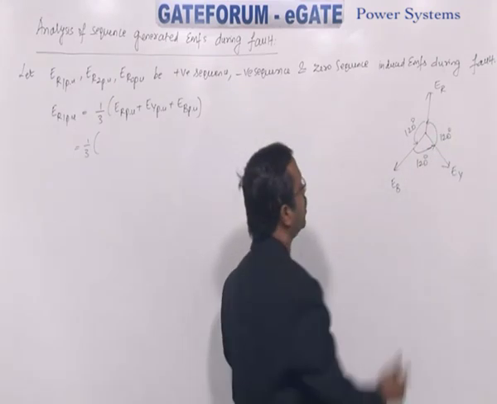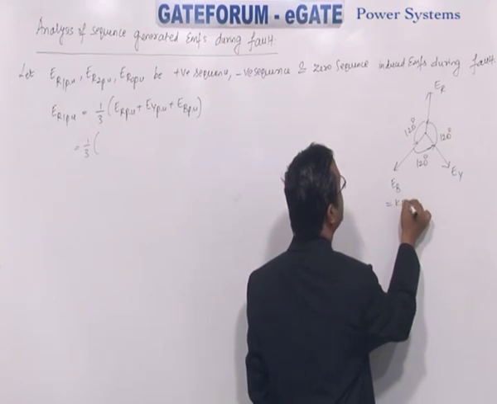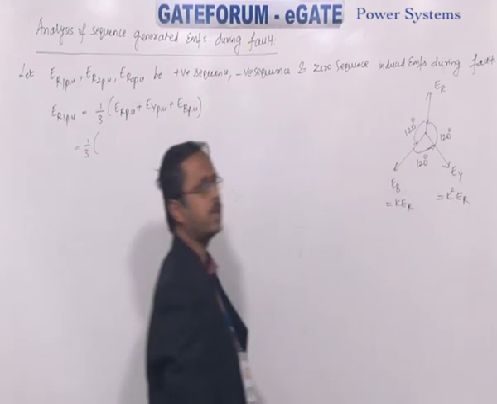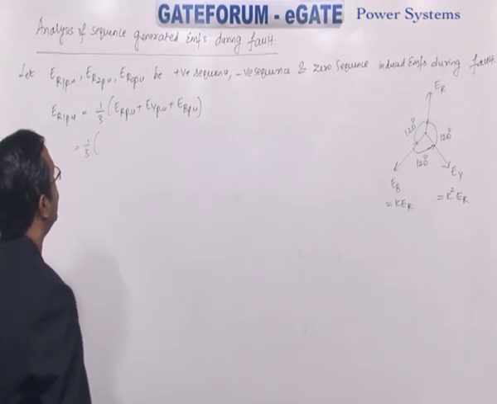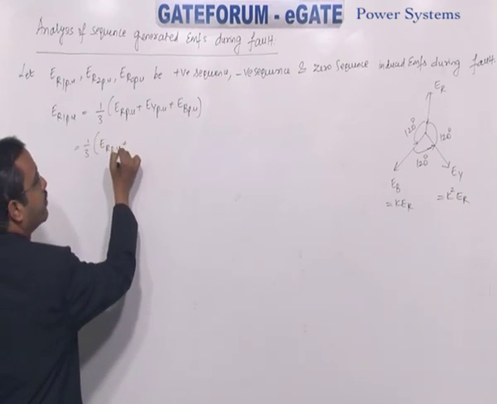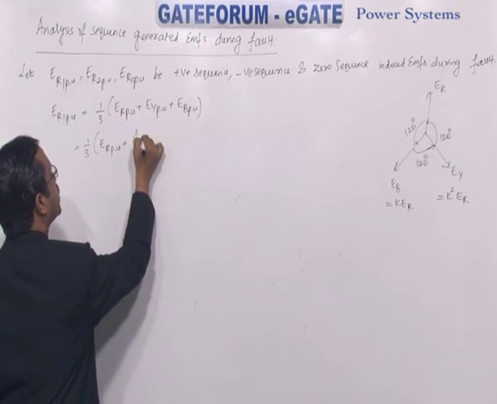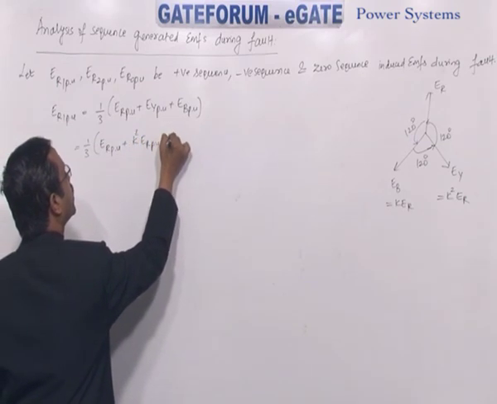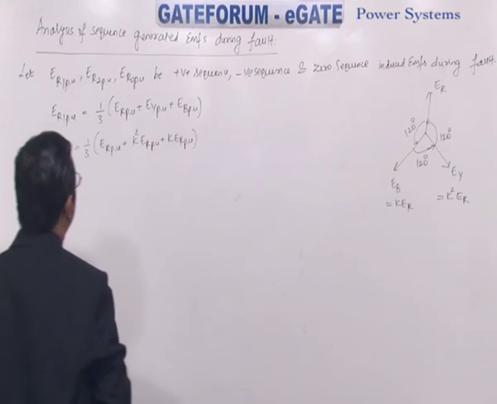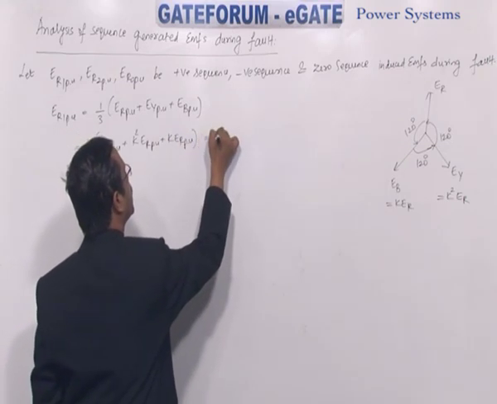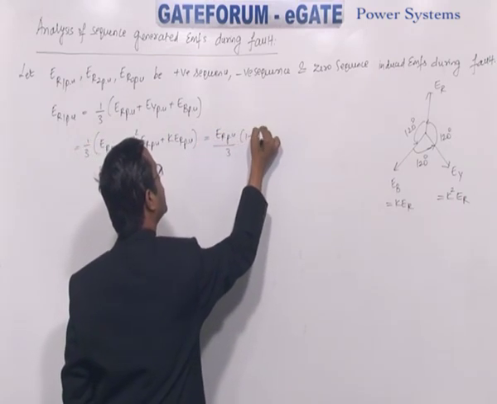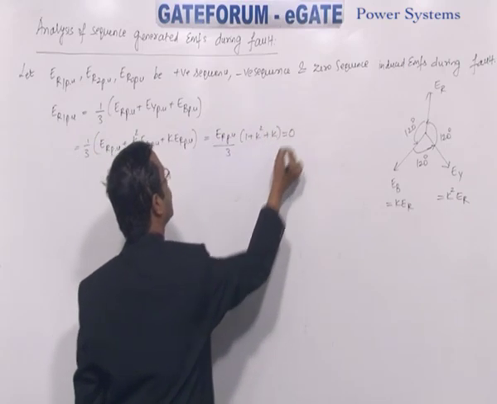So what about EB? EY is K squared times ER, and EB is K times ER. I am simplifying this one. You take out ER per unit as common: 1 plus K squared plus K is 0.